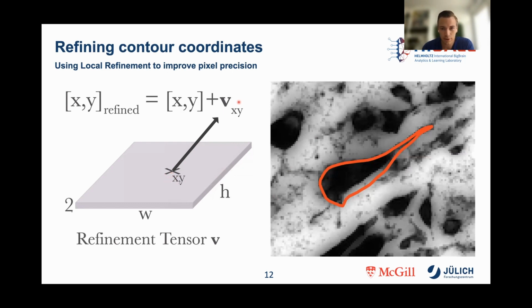And this value, this 2-dimensional vector, we just add to our current coordinates. By doing this simple step, we allow the network to do a form of self-correction. And this is leveraging really local information. So if a contour point is landing here in the white space, the network can directly learn to correct this.